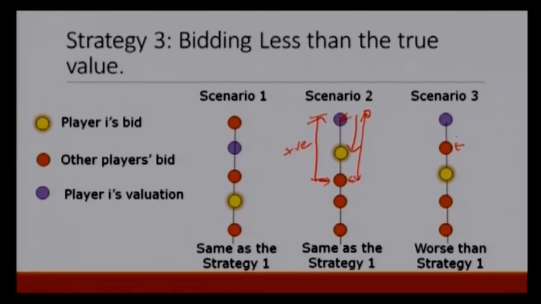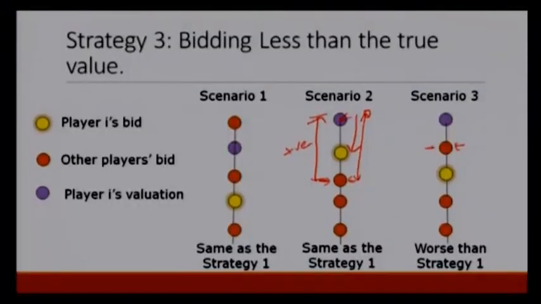If he had bid truthfully, then he would have had to pay an amount equal to this bid, because then this would become the second highest and his gain would have been a positive amount. So, bidding less than the true value does as well as bidding truthfully in scenario 1 and scenario 2, but does worse than bidding truthfully in scenario number 3.